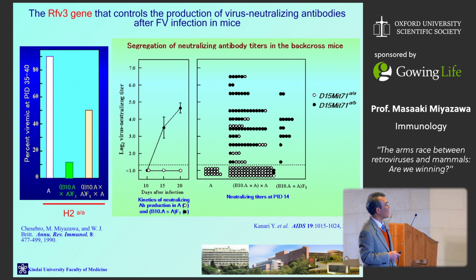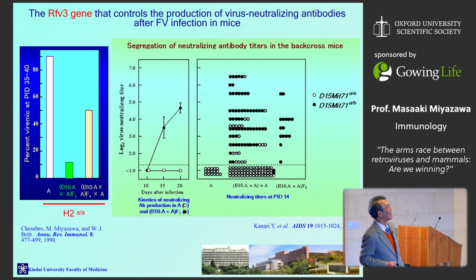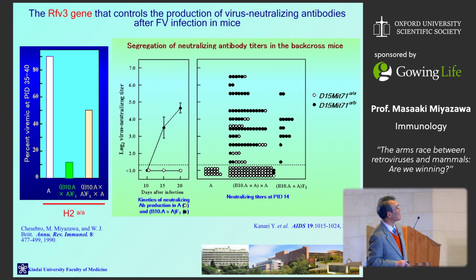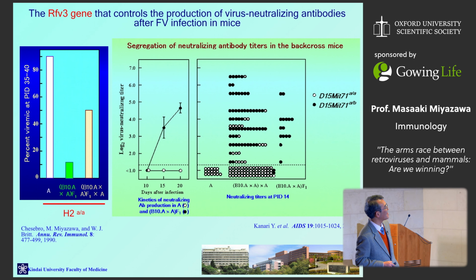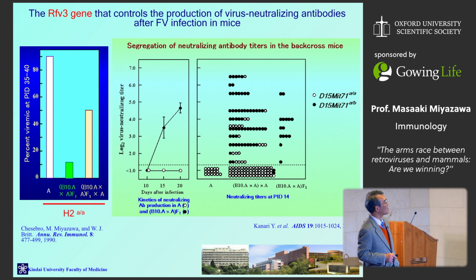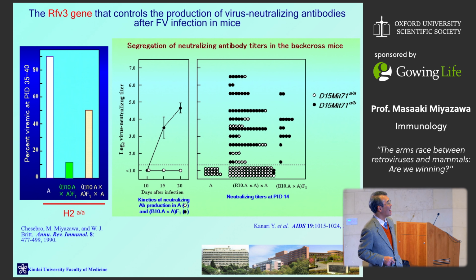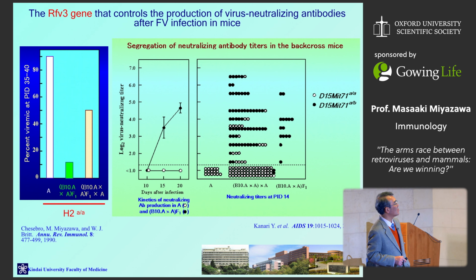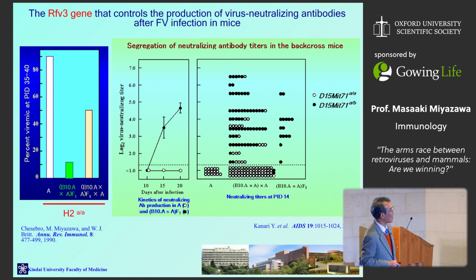So what we found was, this is what we did a long time ago. In resistant strains of mice like B6, when they are infected with friend virus, they rapidly produce neutralizing antibodies. This is the titer of neutralizing antibodies, okay? However, the susceptible strain like A/J or A/WySn do not rapidly produce neutralizing antibodies.